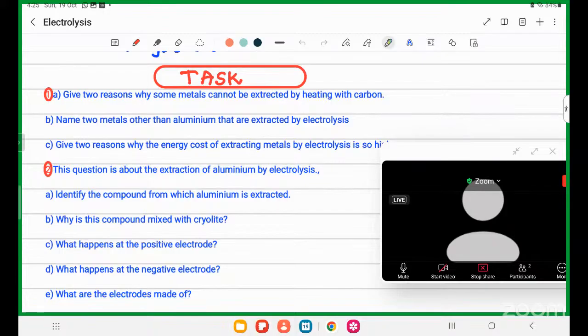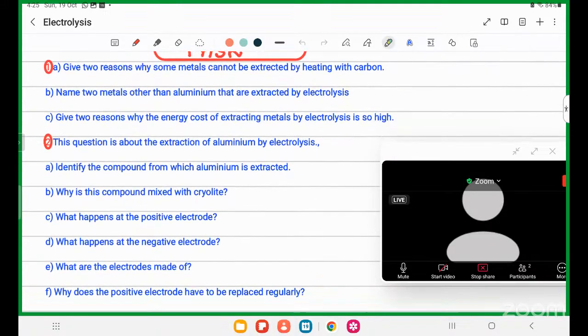Good. All right. Next question says, name two metals other than aluminum that can be extracted by electrolysis. What did you put? Potassium and sodium. Good.